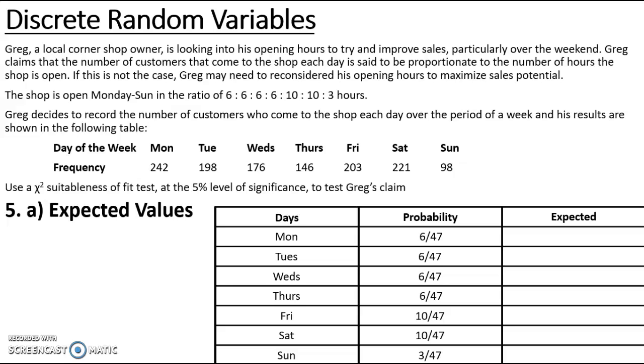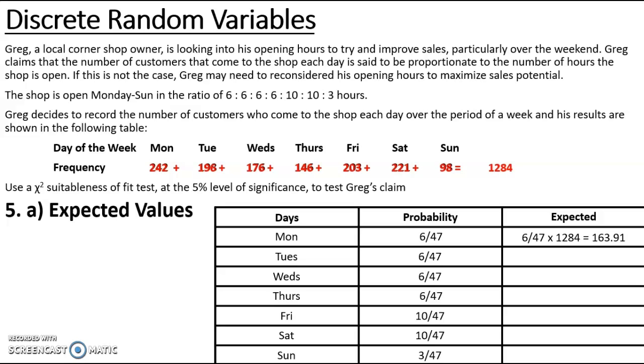To work out our expected values, I need to know what my total frequency is. So in this question, if I add up the frequency of each of the 7 days in the week that he has recorded his results, we have just over 1,200 customers, 1284. So I'm going to multiply each of those probabilities by that sum of the frequencies to give me my expected values.